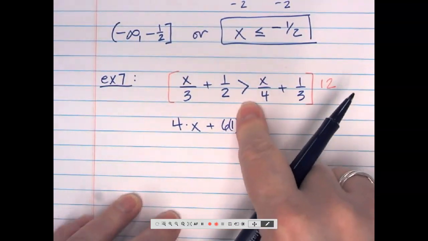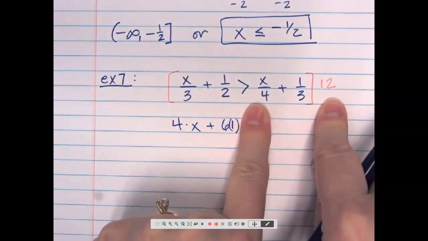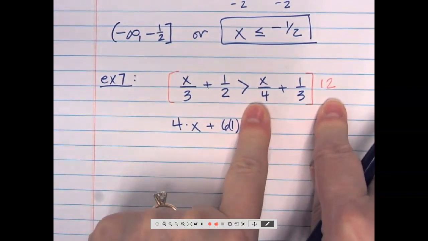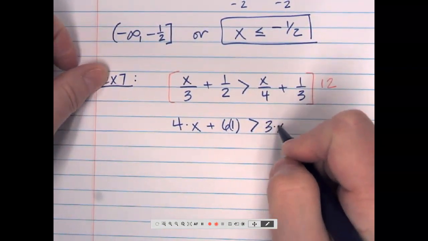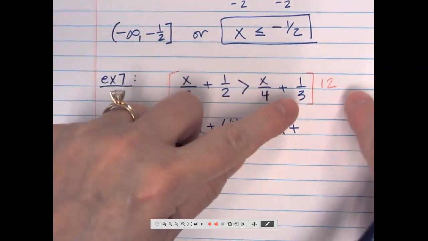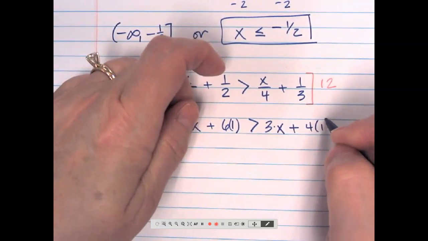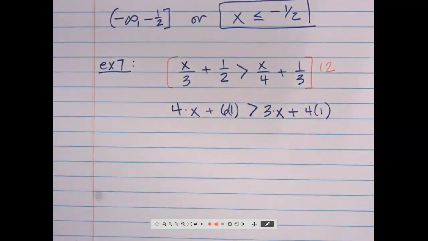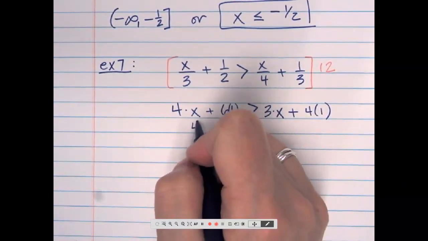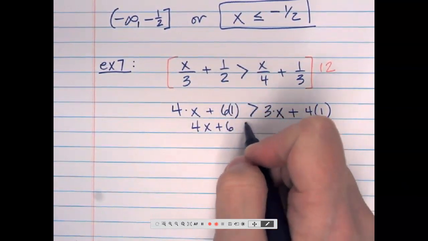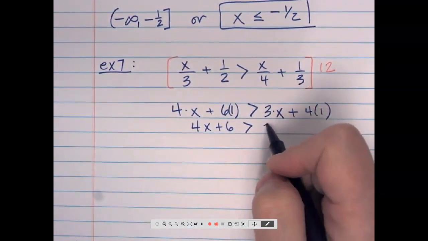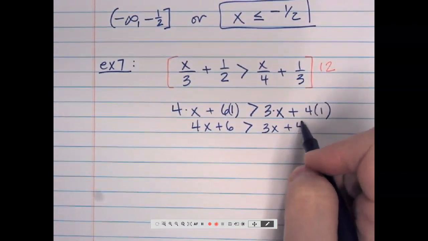Still greater than, I'm not multiplying by a negative. 12 divided by 4 is 3, so I have 3 times x plus 12 divided by 3, 4 times 1. Okay, so now I have 4x plus 6 is greater than 3x plus 4.